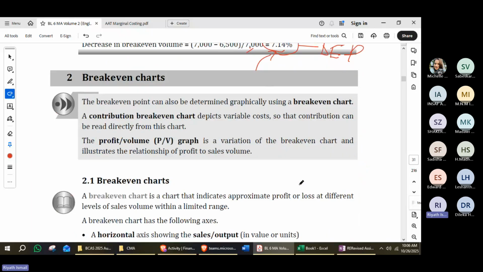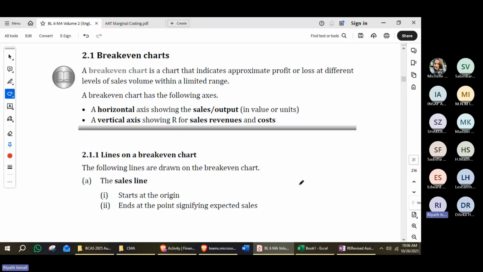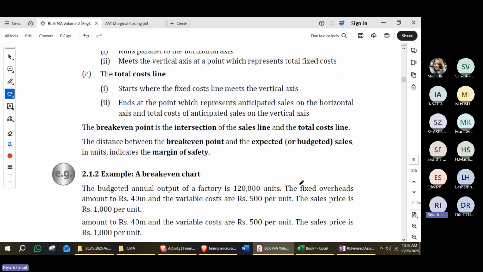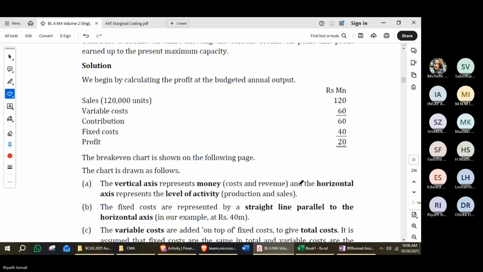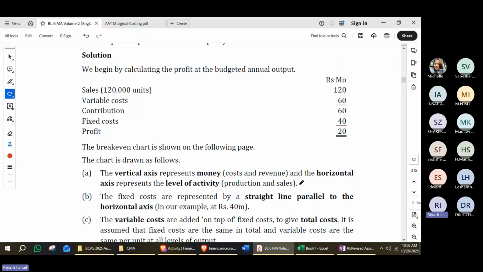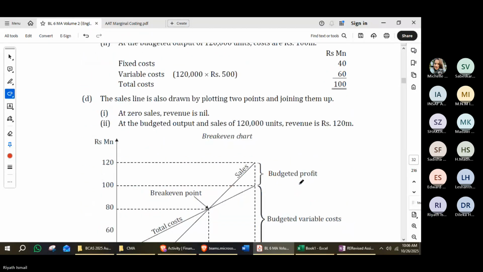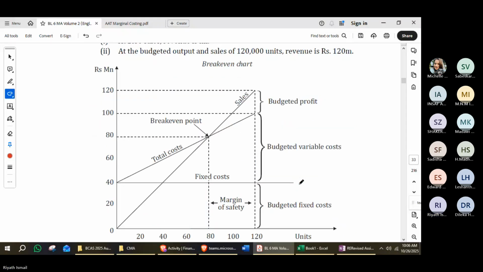Here, the break-even chart. Normally, by looking at this book, we can draw it, so I will just give you a small explanation. How do we draw the break-even chart? Here we have to take values in rupees on the vertical axis, and on the horizontal axis we have to take units.